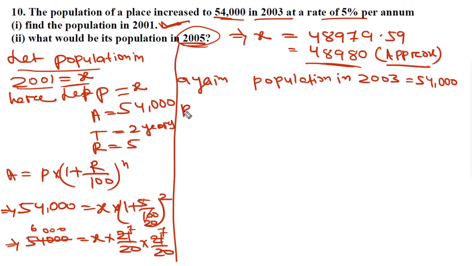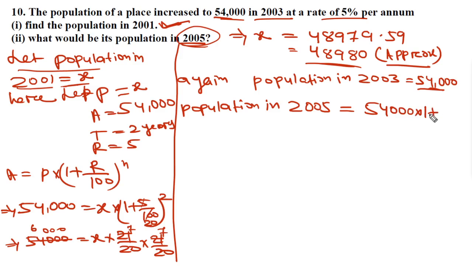So you can write population in 2005 will be equal to, same formula we can apply, P into 1 plus R by 100 to the power n. So here P will be 54,000 into 1 plus R, the rate of interest, is 5, that means it is increasing at a rate of 5%. So 5 by 100 to the power, for how many years? 2 years. 2003 to 2005 is 2 years.